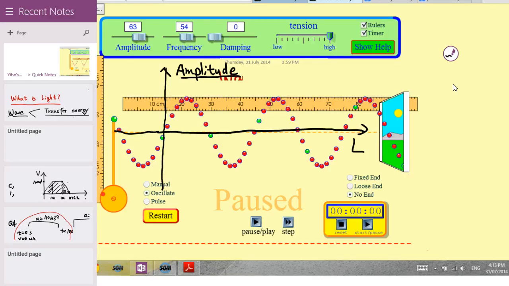Then we can trace the line to draw a perfect sine wave in this case.